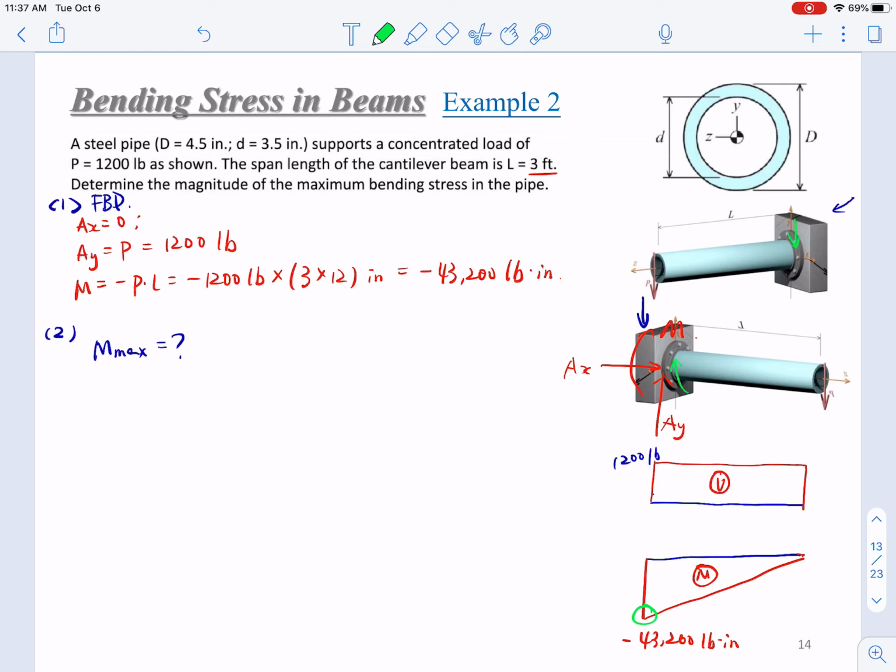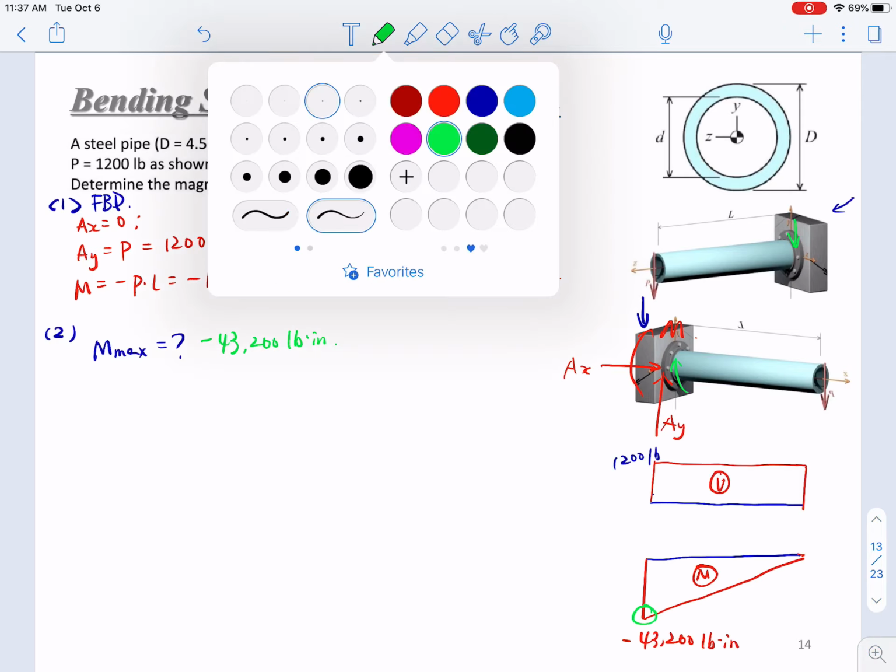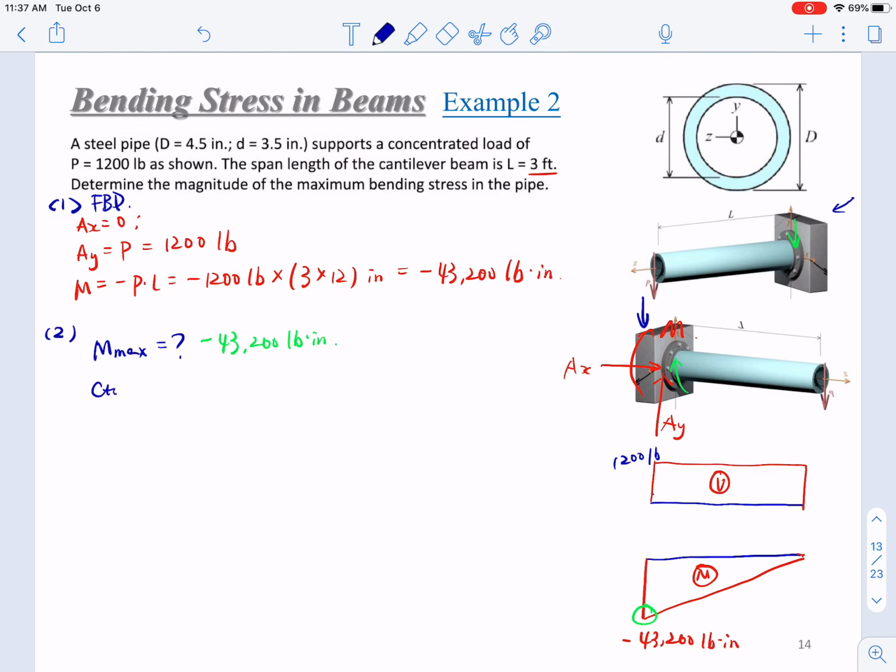So this is the maximum bending moment, and the value is negative 43,200 pound-inches. And c top equals c bottom. This will be just 4.5 over 2, 2.25 inches.